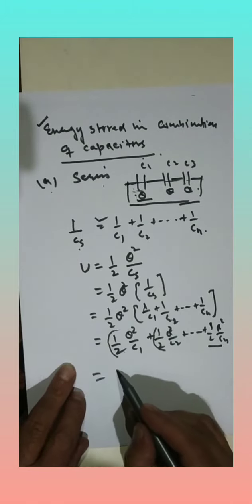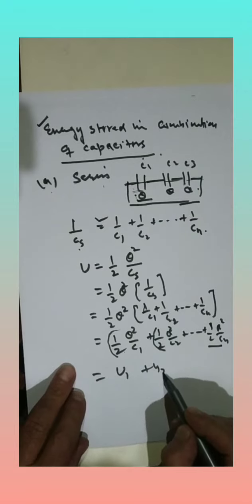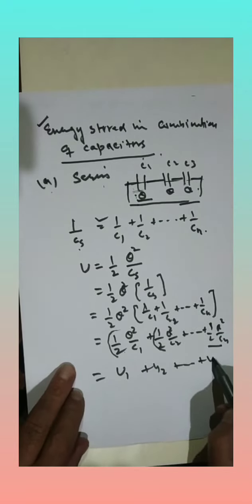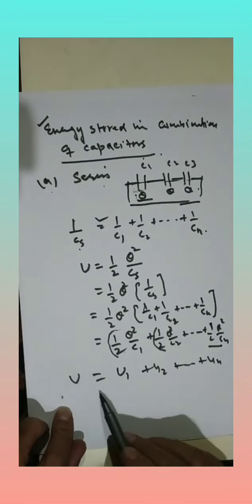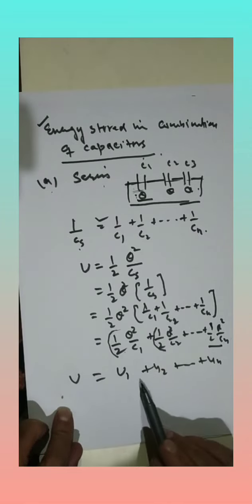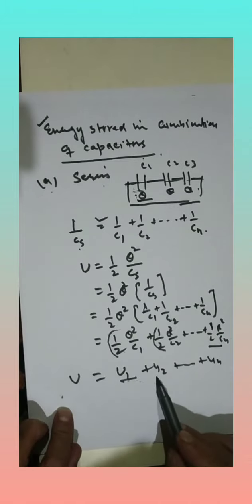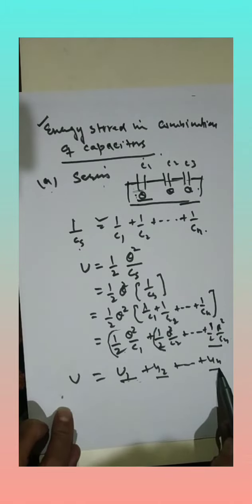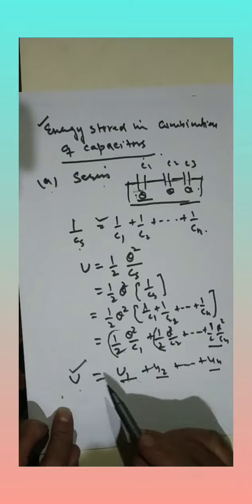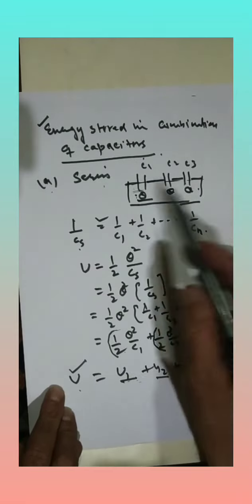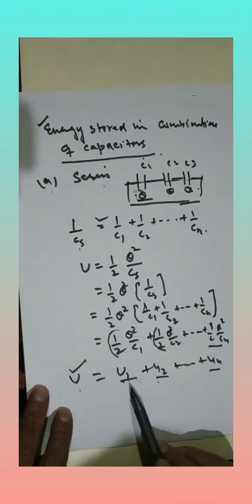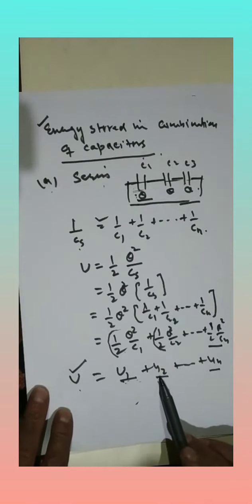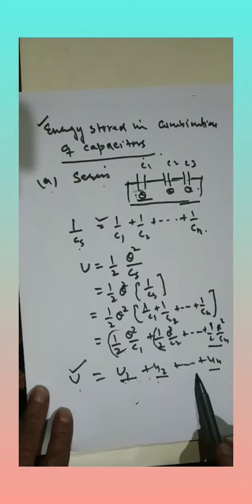So we will get U1 plus U2 plus dash dash plus Un. So this is the total energy stored. The sum of the potential energies stored in the individual capacitors is equal to the total potential energy stored in the whole combination.